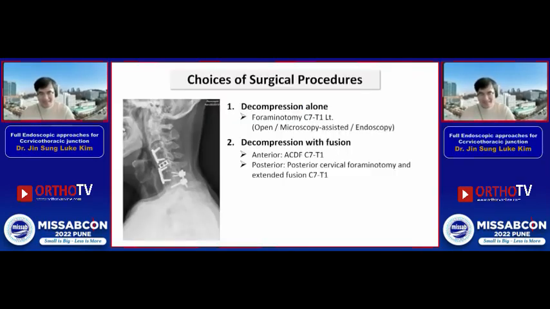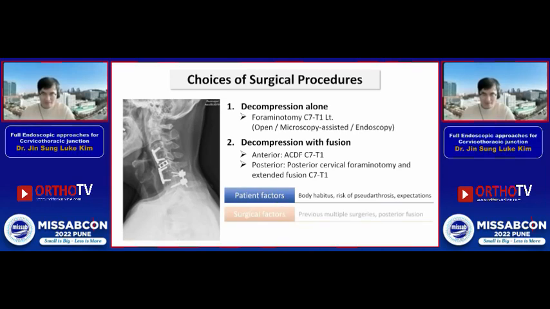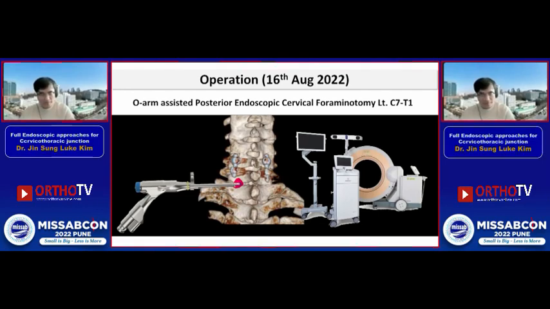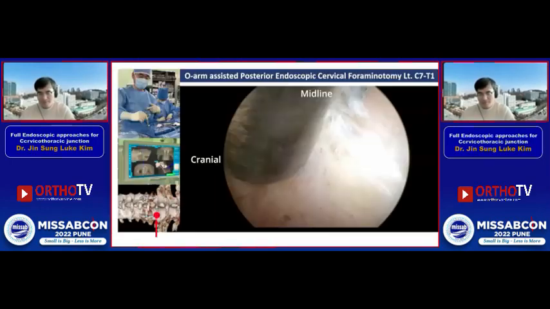Anyway, for my choice of the ideal surgical procedure, I have to consider patient factors, surgical factors, and surgeon factors as well. So I did O-arm-based navigation, posterior endoscopic cervical foraminotomy at the CT junction, only the left side. I don't have to do right side decompression. The patient didn't have any weakness or pain there.